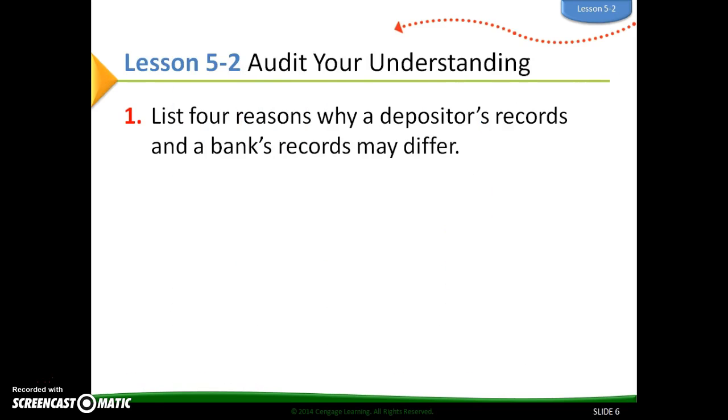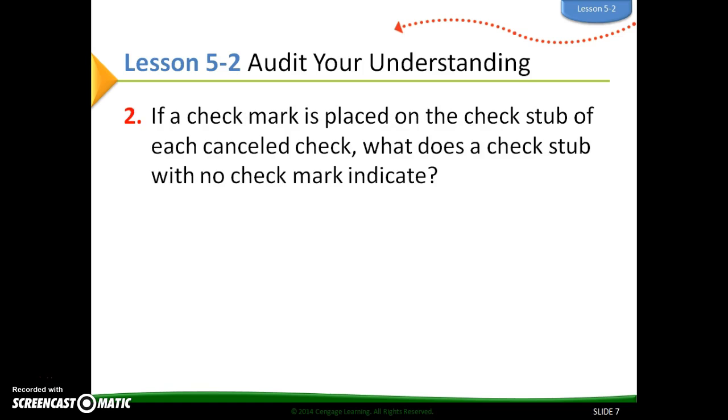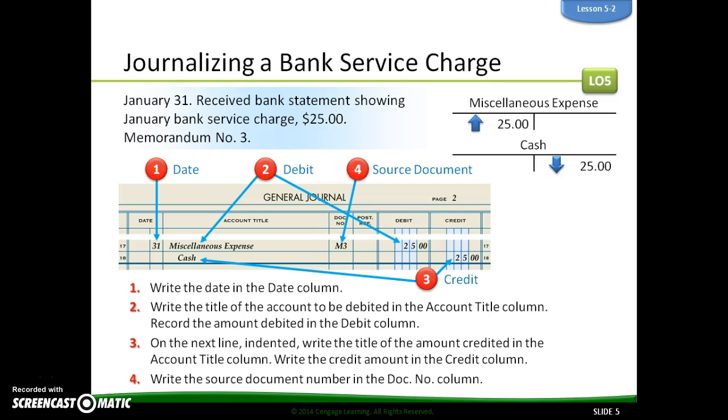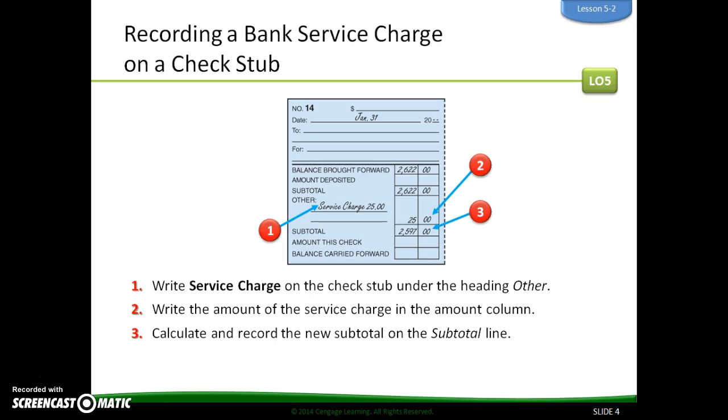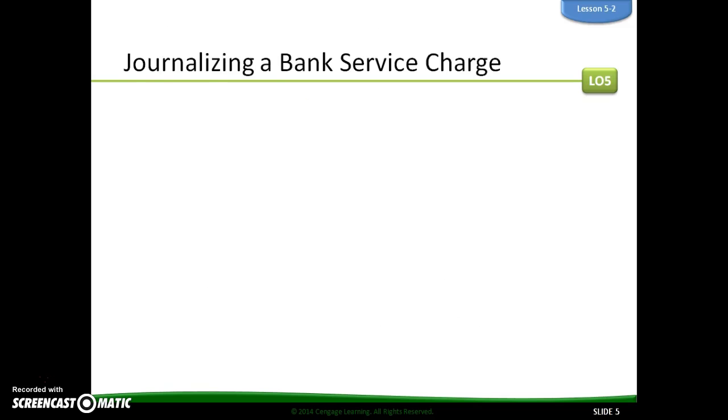Okay, so you want to be able to identify 4 reasons why a depositor's records and a bank record might differ. And you want to consider, when you are recording bank information and comparing your bank statement records with your business records, every time you have a check that is issued and has cleared your bank, you're going to check that off in the check stub area, and make sure that you have that checked off.